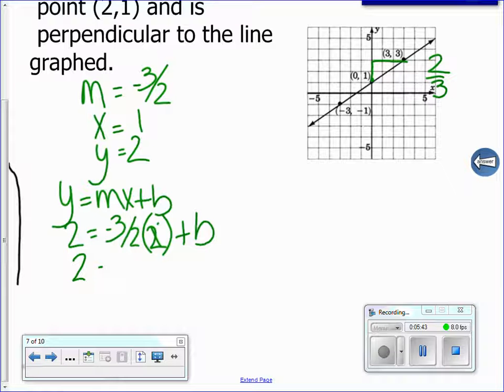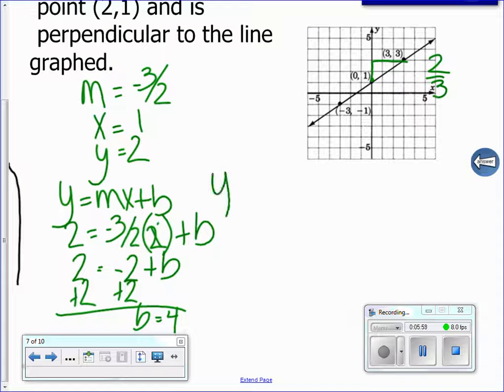It gets me 1 equals, when I multiply these, I get -3 plus b. Add 3 to both sides, and b is equal to 4. So I'm going to write my equation. y equals -3/2 x plus 4.